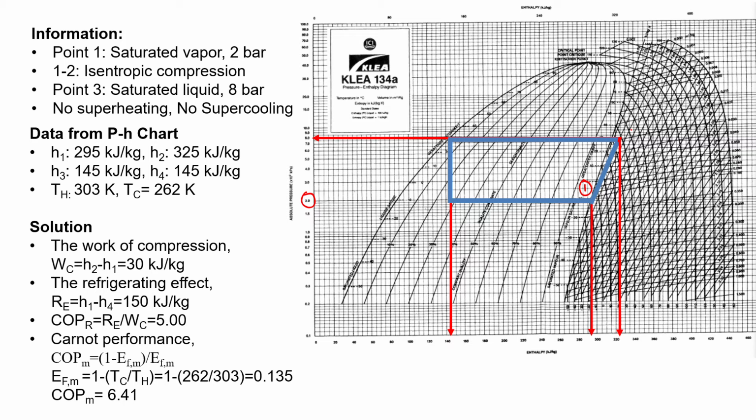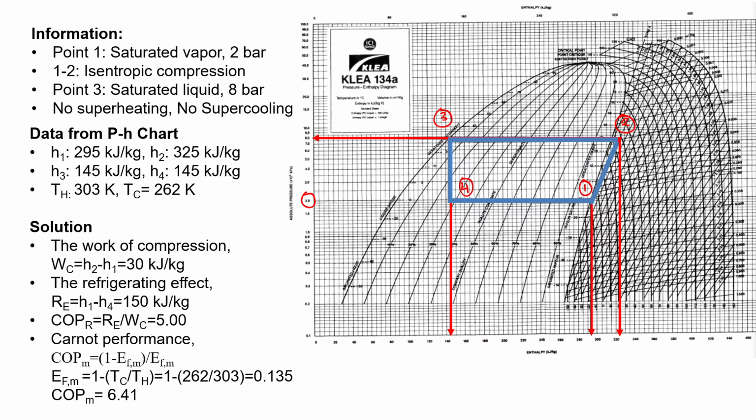So this is point 2. Point 3 is next. Point 3 is saturated liquid because there is no subcooling. And then to reach point 4, it follows the isentropic expansion, and that gives us point 4.